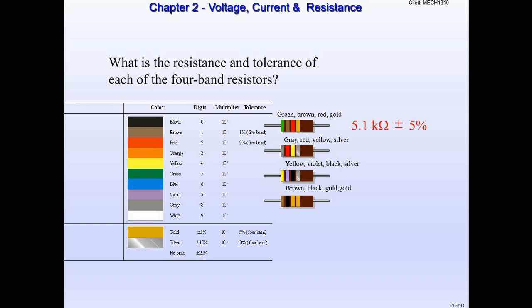And then it's silver, so I write plus or minus 10%. I can write that 8, 2 with the 4 zeros out as 820 kilo ohms. So instead of writing 820,000, I can write 820 kilo ohms plus or minus 10%.